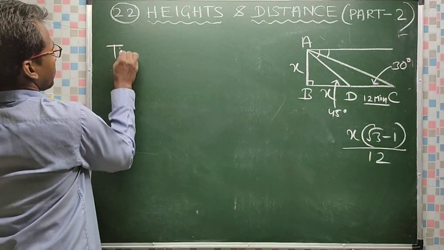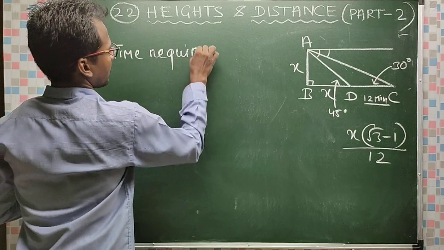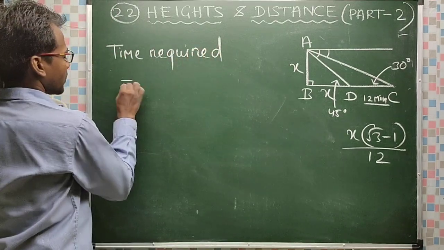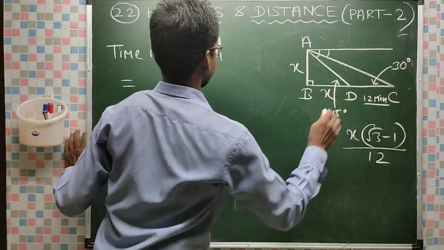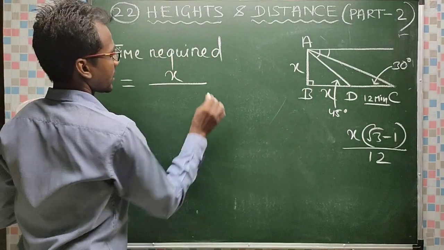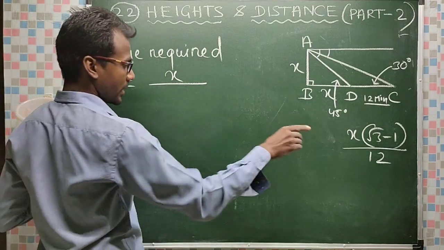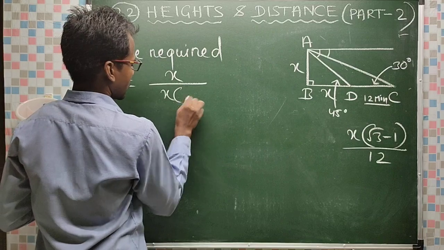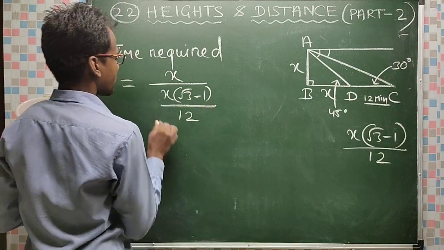So now time required is equal to distance by speed. What is the distance? BD means x, we've already found. Distance is x, BD. Speed is equal to x whole root 3 minus 1 by 12.